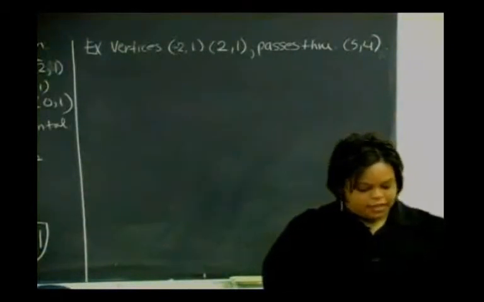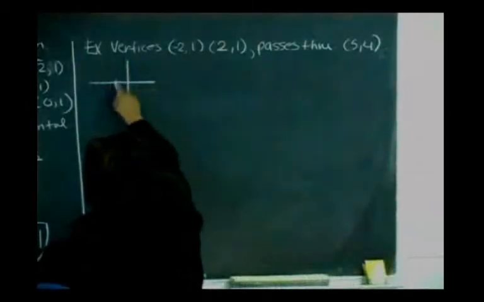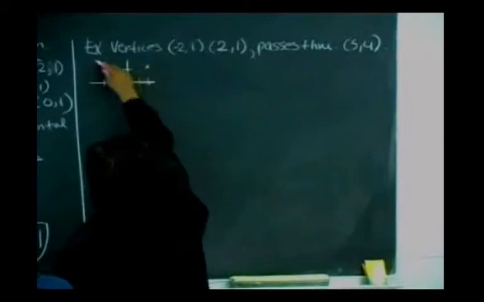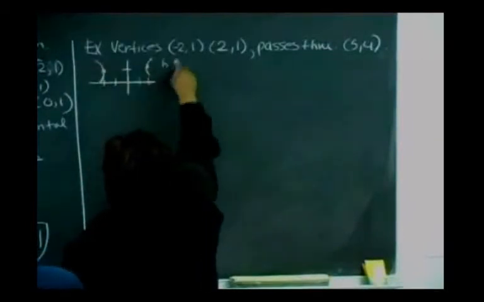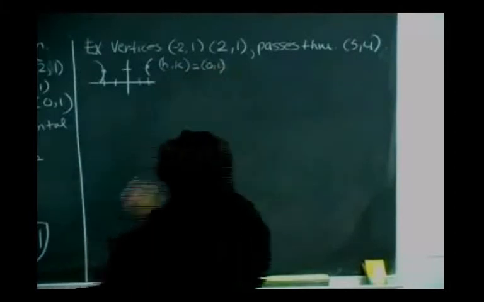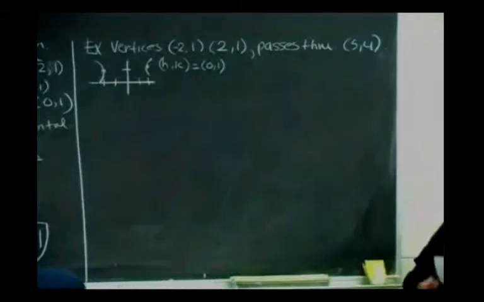Okay? Again, same situation here. If the vertices are negative 2, 1 and 2, 1, then that means our center HK is what? 0, 1. We can get that from the picture, okay? Transverse axis is what? Again, horizontal.